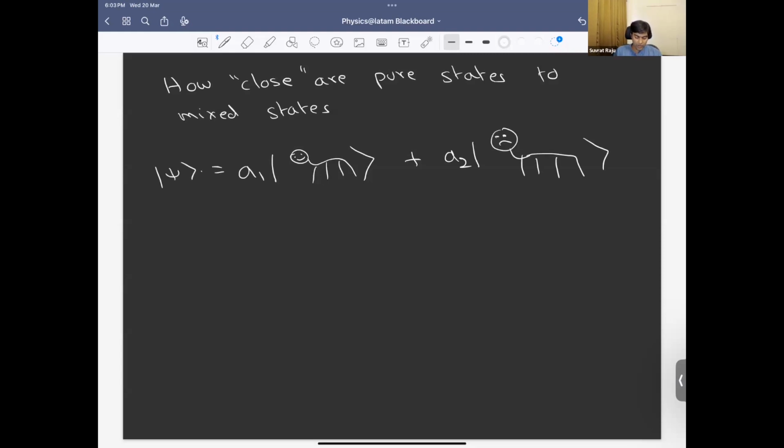So if you measure the system, with probability A1 squared the cat is happy, and with probability A2 squared the cat is sad. So this is a Schrodinger cat state, which says that the cat is happy with probability A1 squared and sad with probability A2 squared.